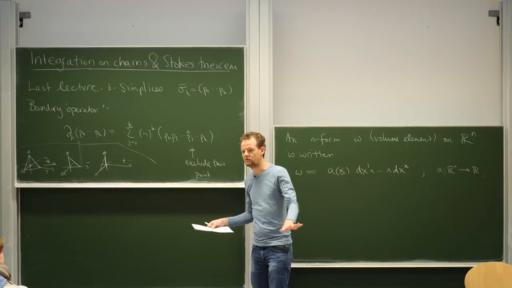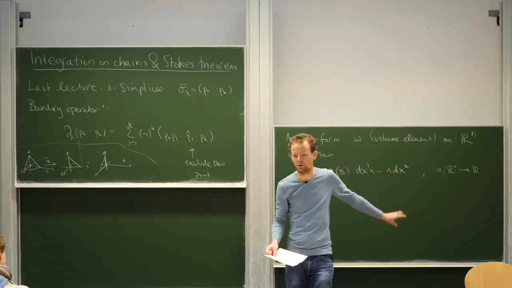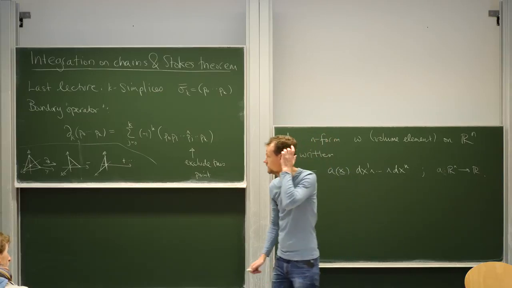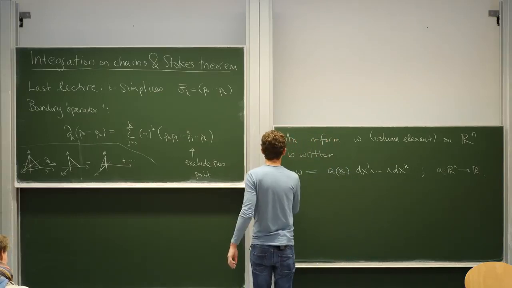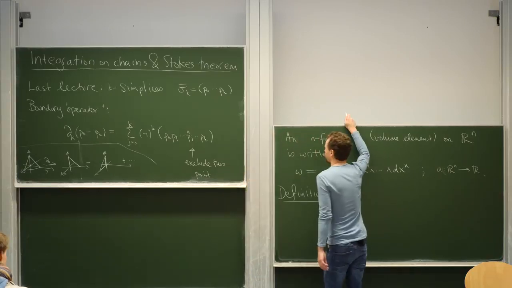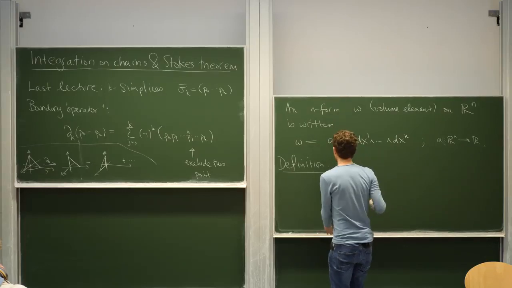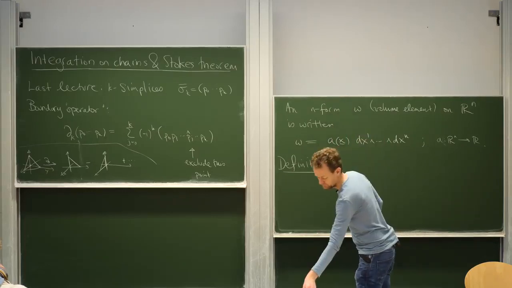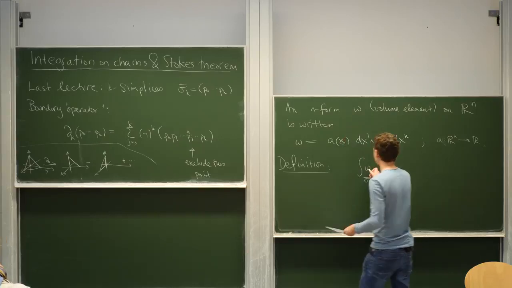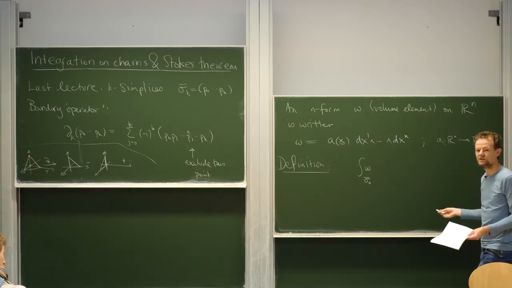And now we're going to define the integration of this form over an n simplex. So here comes the definition. So if you want to integrate this form over the standard n simplex, what is it equal to?